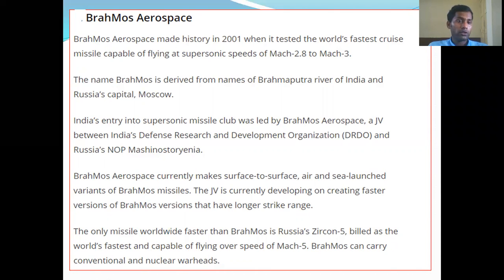It was a lethal weapon in our army, the result of a joint venture between India's DRDO and Russia's NPO. That's one interesting example of a joint venture.